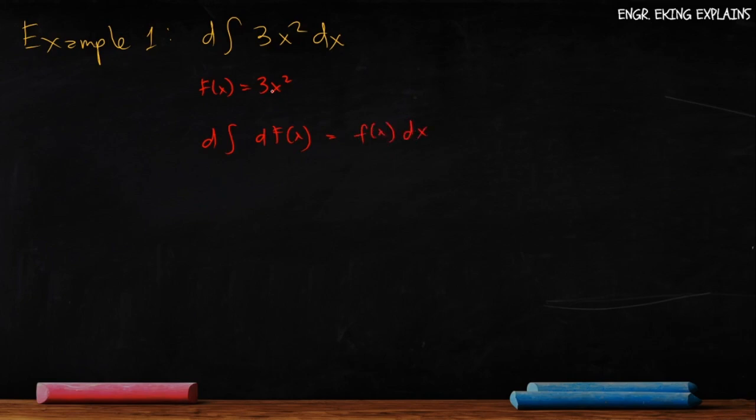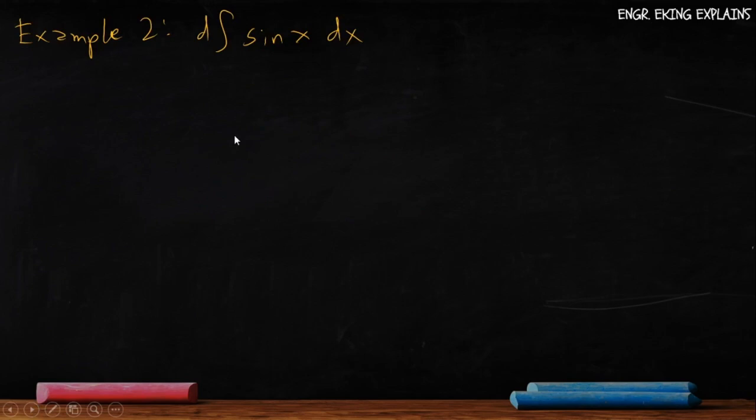So the derivative of the integral of 3x squared dx is just equal to 3x squared dx, and that is our answer for number 2.